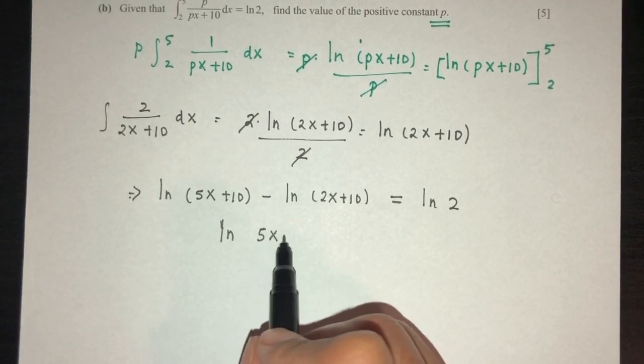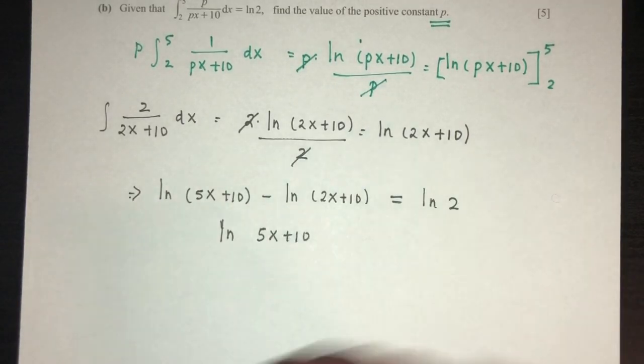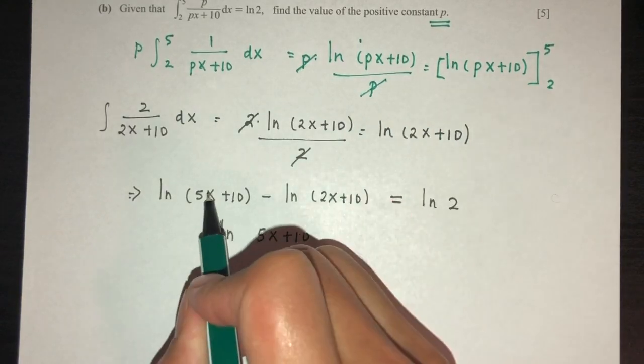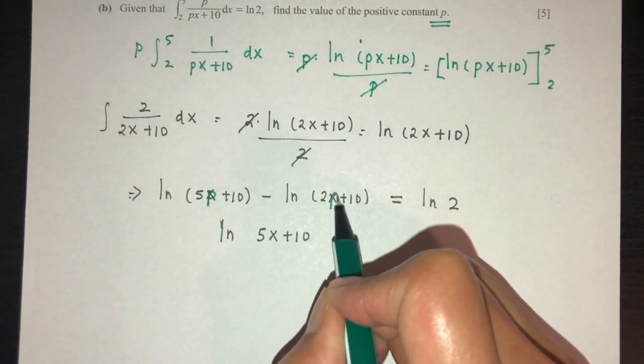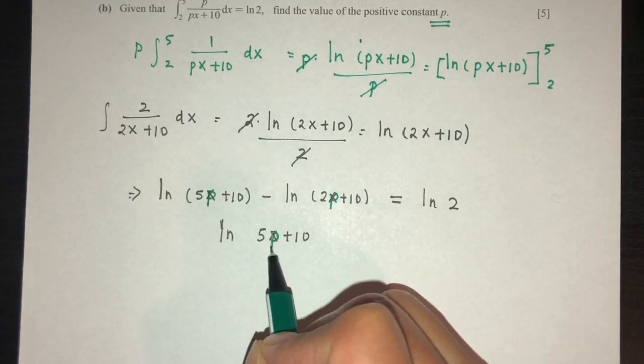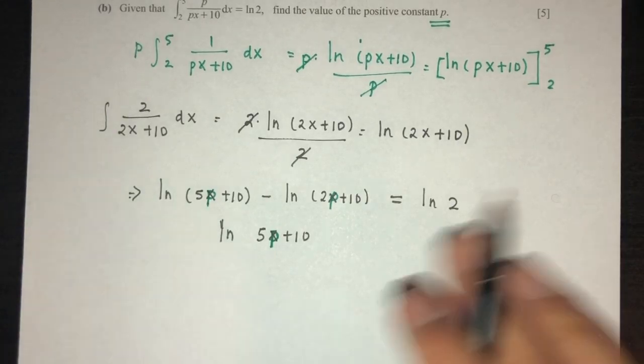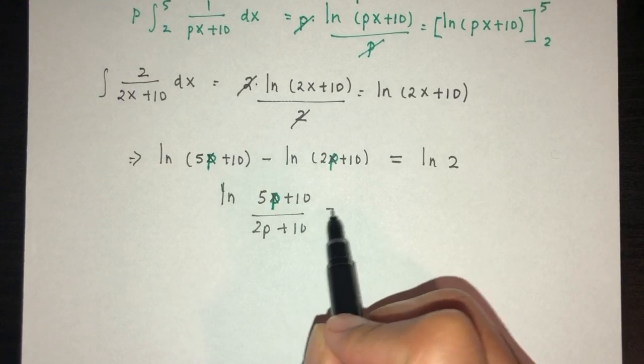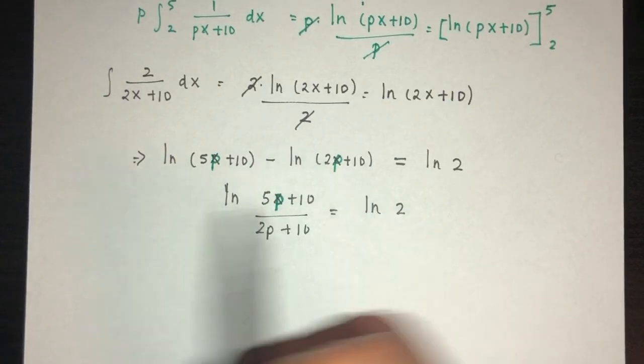So 5x plus 10, not x, sorry, I made a mistake here. It should be p, because when you replace x it has to be p. So 5p plus 10 divided by 2p plus 10 is supposed to give you ln 2.